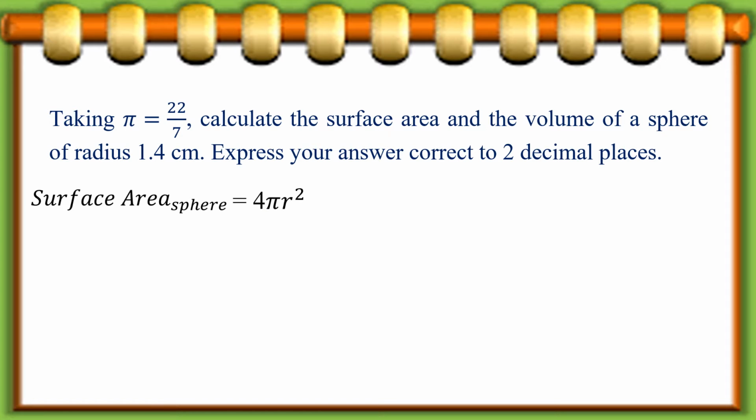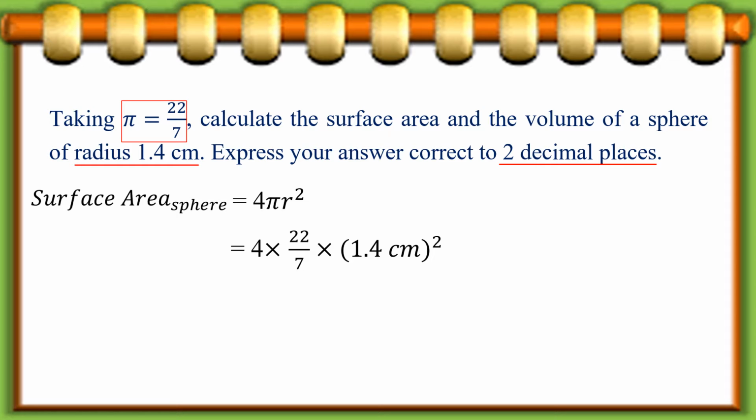So in here, we are going to use the formula for the surface area of sphere, which is equal to 4 pi r squared. The radius is equal to 1.4 centimeters, and pi is equal to 22 over 7. Substituting, we have 4 times 22 over 7 times 1.4 centimeters squared, and 1.4 squared is equal to 1.4 times 1.4.